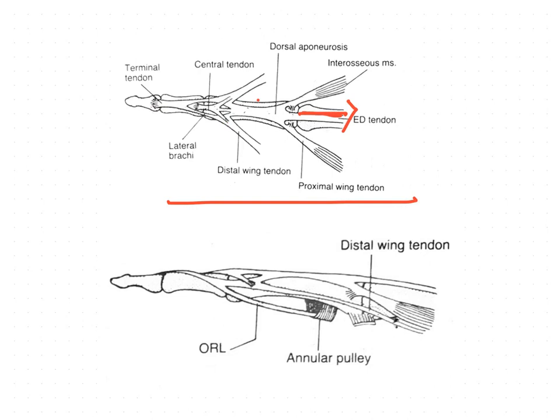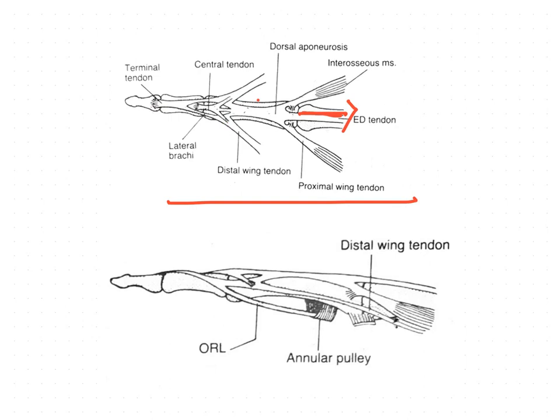Along with these two factors creating tension in the ED tendon, it also requires an active contraction of either an interosseous or lumbrical muscle on the tensed mechanism to produce complete interphalangeal extension.